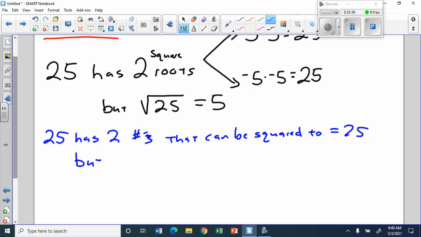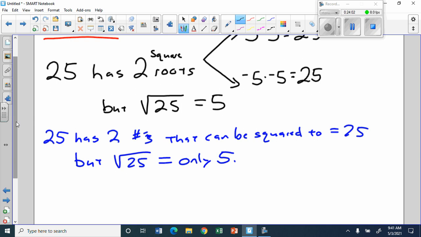But the square root of 25 equals only 5. So it's really going back and forth, thinking the two ways. I need you to open up to page 740 if you're not there. And we're going to look at how they best word it.